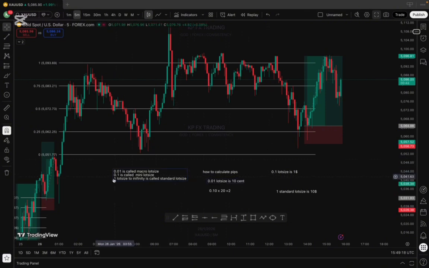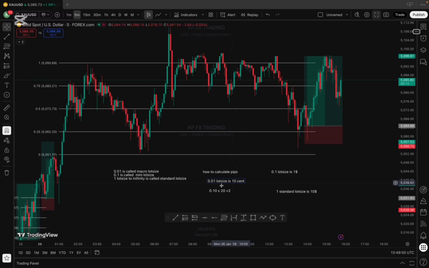So now this is how to calculate all the pips. Like I said before, 0.01 is called micro lot size, 0.1 is called mini lot size, and 1 lot size going upward is called standard lot size. To calculate pip, 0.01 lot size is 10 cents. You times the cent with the pips.